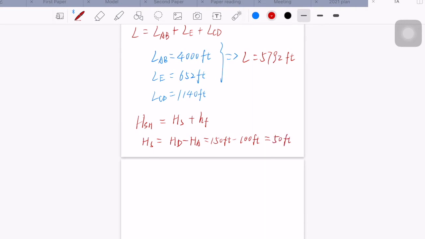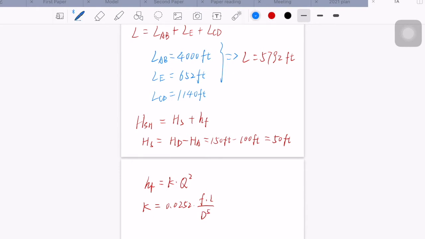And similar to the previous problem, from Table 3.4 in the textbook, the Darcy-Weisbach formula in the British unit system can be expressed as H_F equals K times Q squared, and the K equals 0.0252 times F times L divided by D to the power of 5.